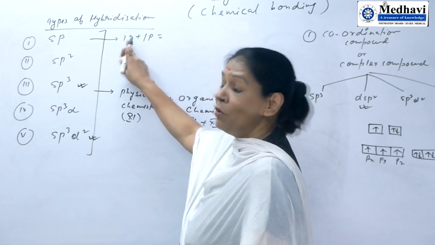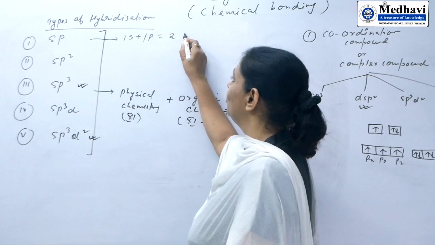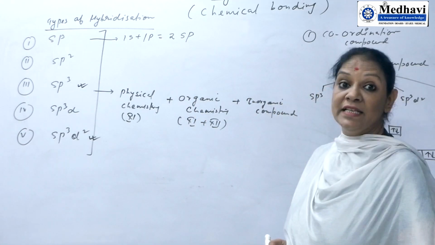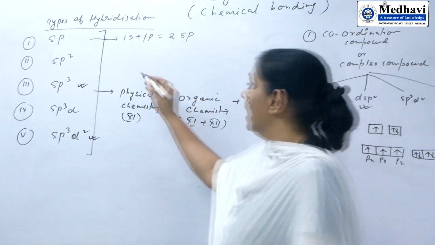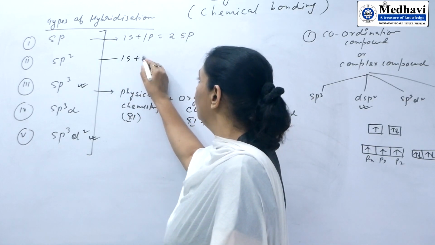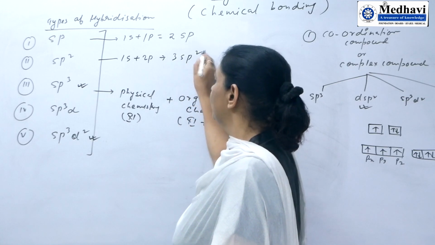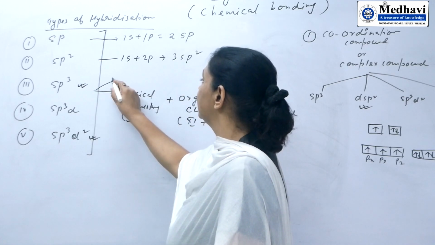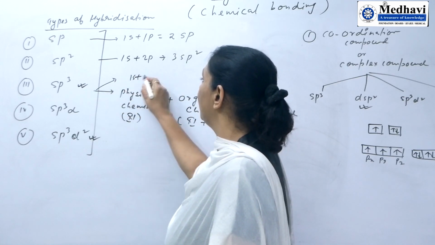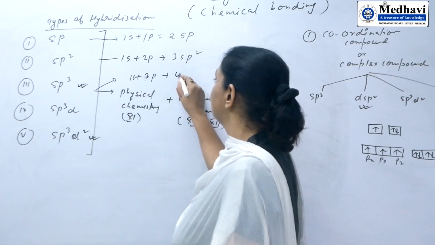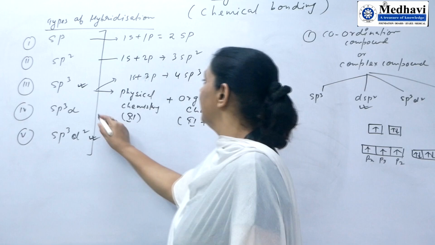Then two pure orbitals we have used, then two hybrid orbitals we will get. That is sp. If one s and two p orbitals are used, then we get 3 sp2. If one s and 3 p orbitals are used, that is 4 sp3.